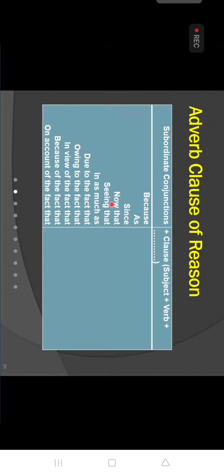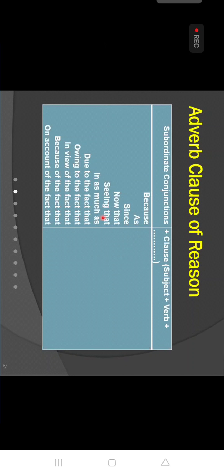Now that means it's like because, as, or since. So we can use other phrases like seeing that, inasmuch as, in as much as, due to the fact that, owing to the fact that, in view of the fact that, because of the fact that, on account of the fact that.